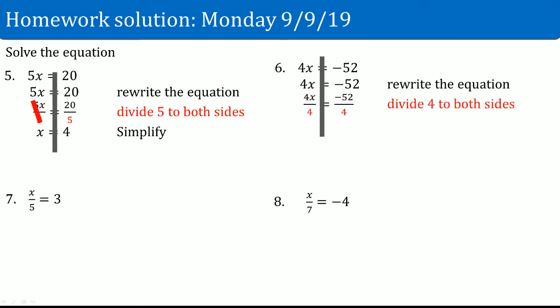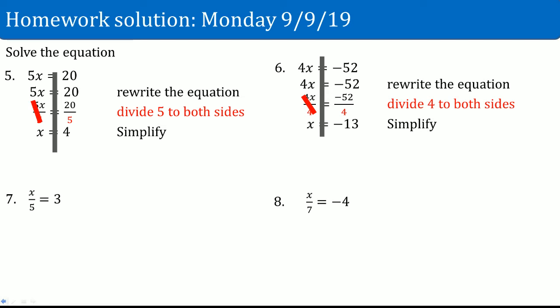Once I divide by 4 on both sides, notice my left-hand side, the 4 divided by 4 cancels out. What I have left over on my left-hand side is an x. What I have on my right-hand side is a negative 13. If you do not get negative 13, just plug it into your calculator. Negative 52 divided by 4 should get you negative 13.